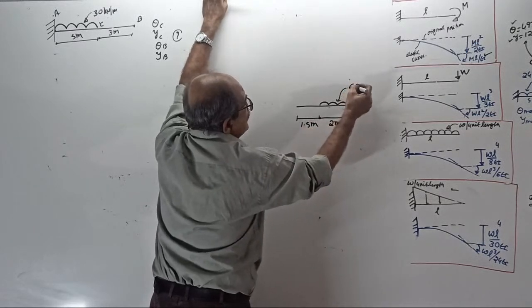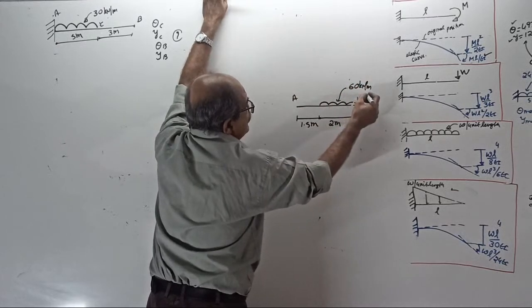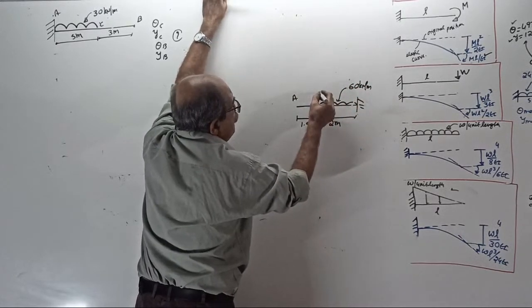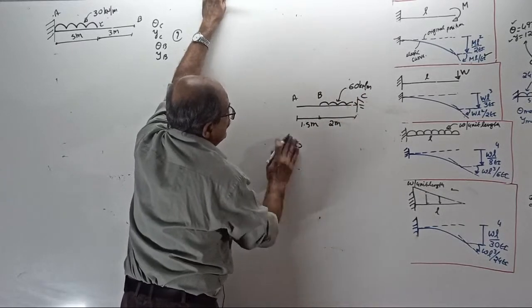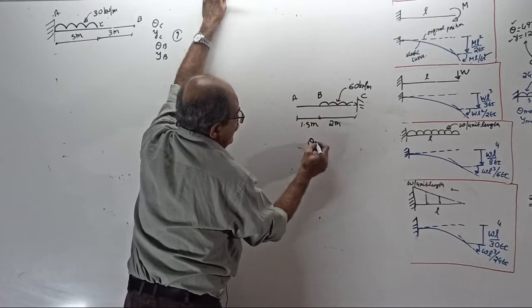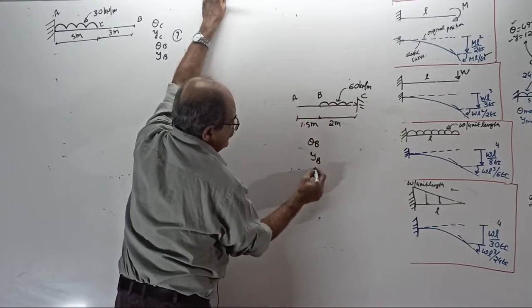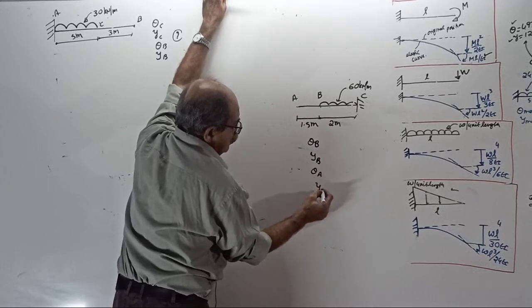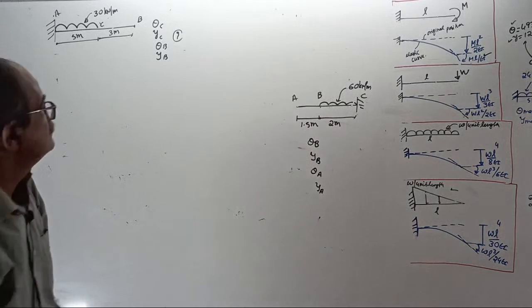The UDL is 60 kilonewton per meter. This time I will call the points A, B, C. Now see, they want theta B, YB, theta A, and YA. I will give the answer; work out that homework.